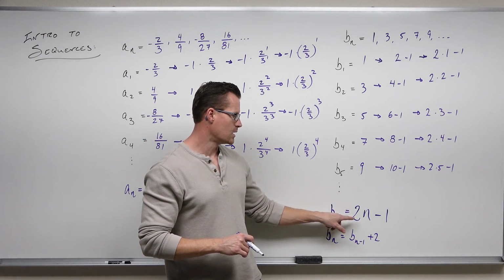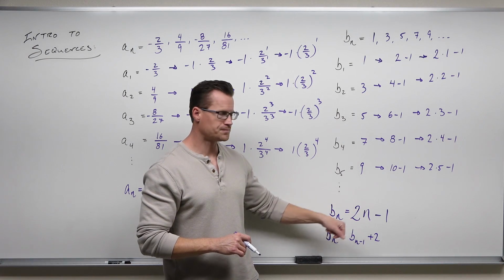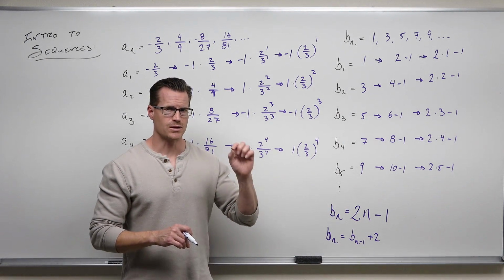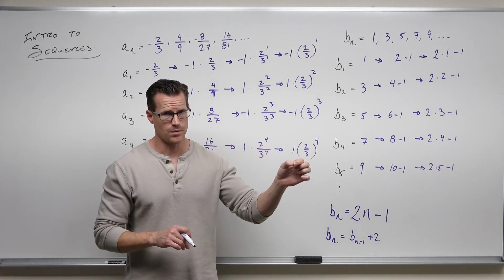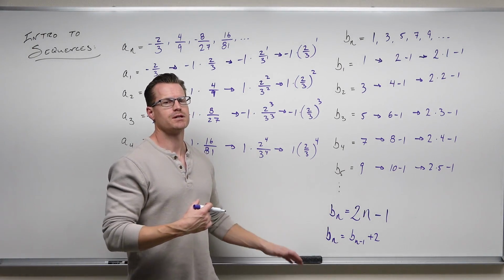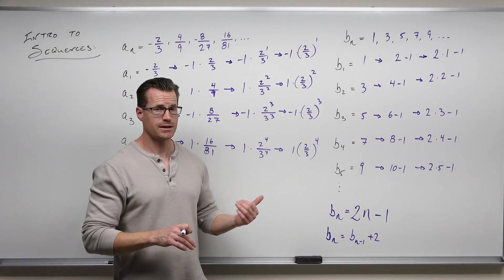The 100th term would be 2 times 100. That would be 200 minus 1 is 199. 199 is the 100th odd number. This will not let you do that. You'd have to know the 99th term to be able to figure out that 100th term. And it does work though.